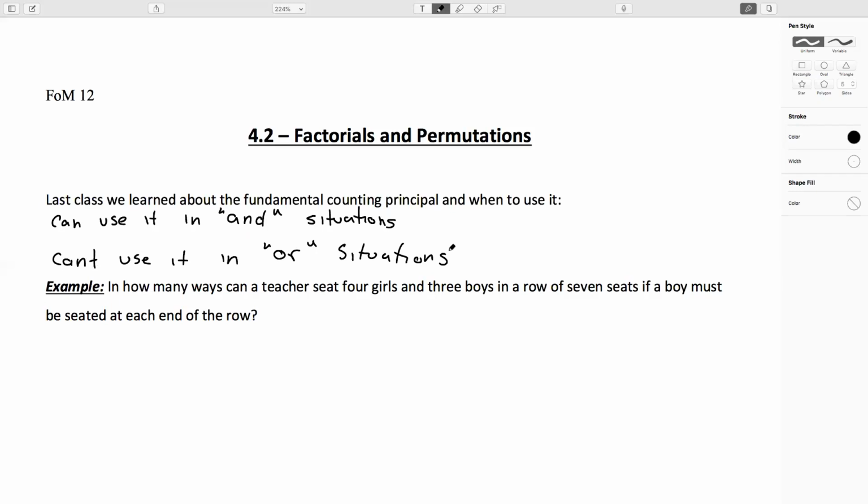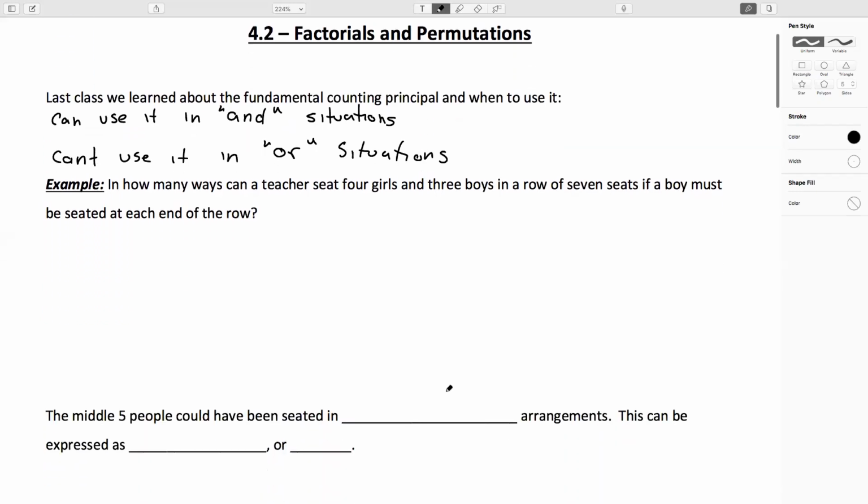How many ways can a teacher seat 4 girls and 3 boys in a row of 7 seats if a boy must be seated at the end of each row? So let's unpack this question a little bit. 4 girls, so we've got 4 female, and 3 boys, so we've got 3 male. We've got a row of 7, so I'm going to write a blank for each person in the row. 1, 2, 3, 4, 5, 6, 7.